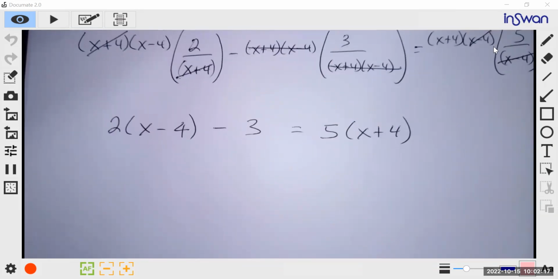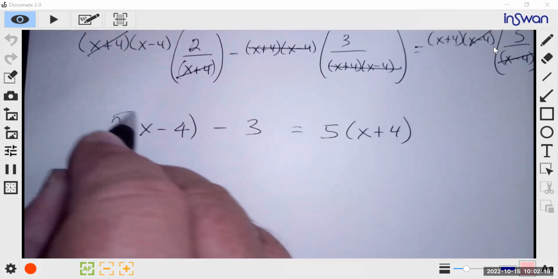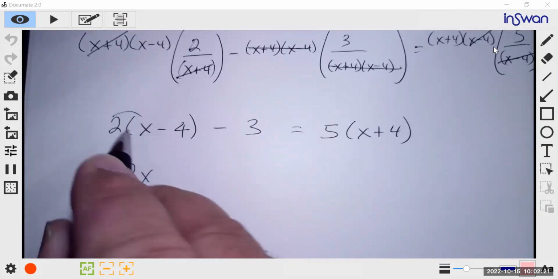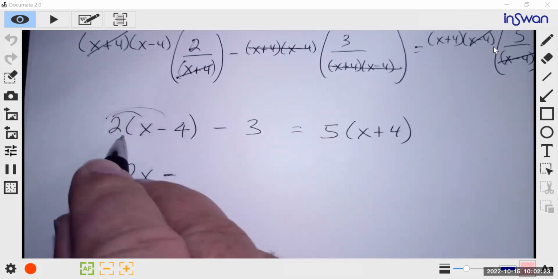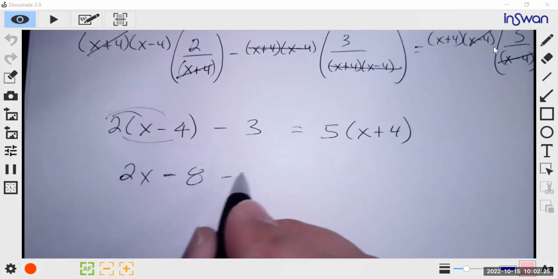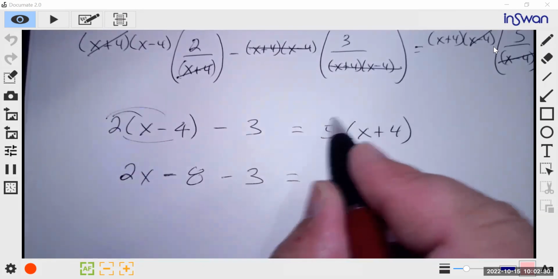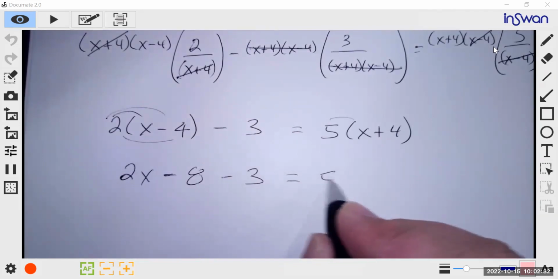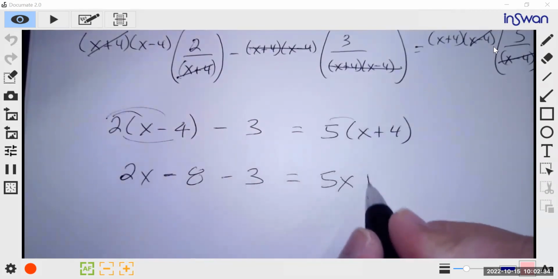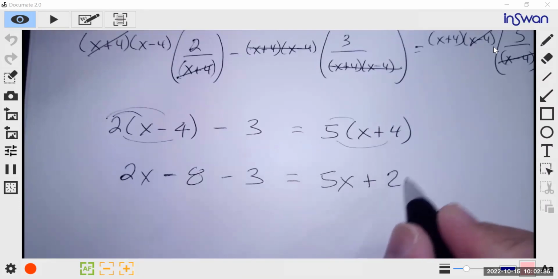So, yep, now we get rid of the parentheses. 2 times x is 2x. Positive times negative is negative. 2 times 4 is 8. Positive, positive is positive. 5 times x is 5x. Positive, 5 times 4 is 20.